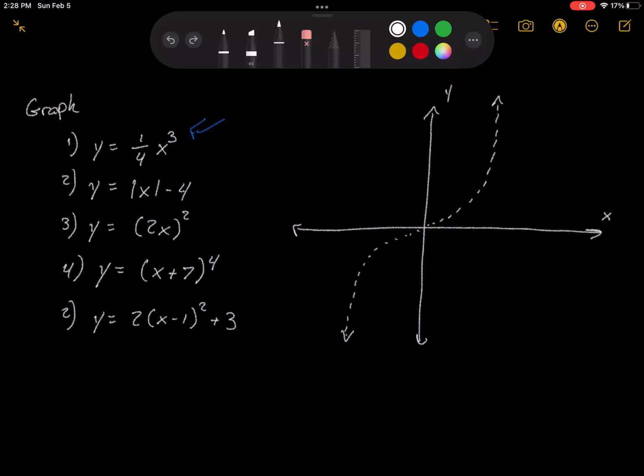Now, what am I doing to x cubed here? So that's x cubed. And now I'm taking all of these x cubed values and dividing them by 4. So I'm making them 1/4 as large as they are. Maybe let's just do a test point.